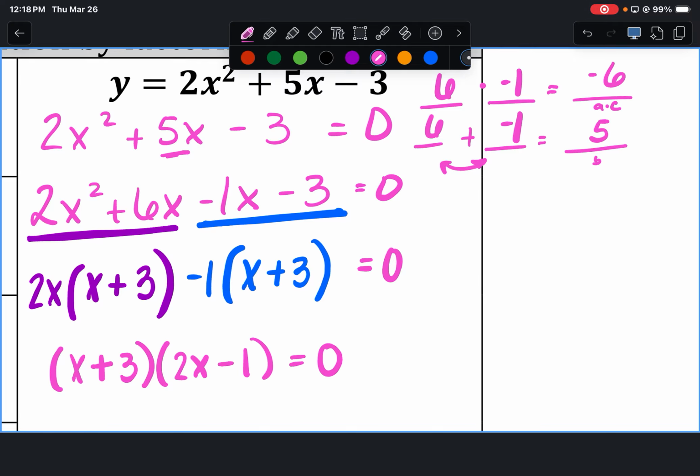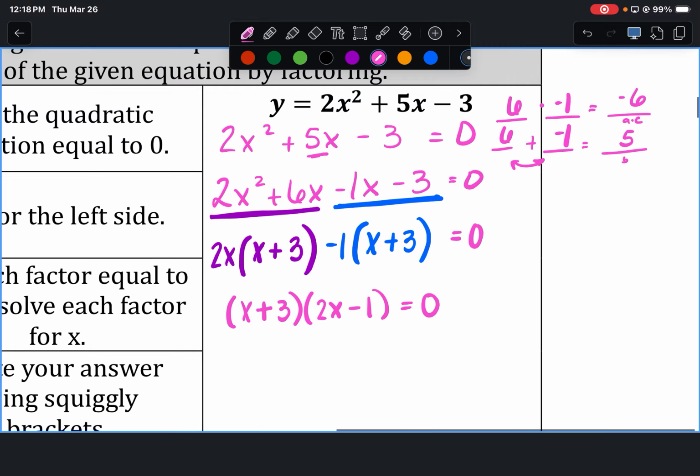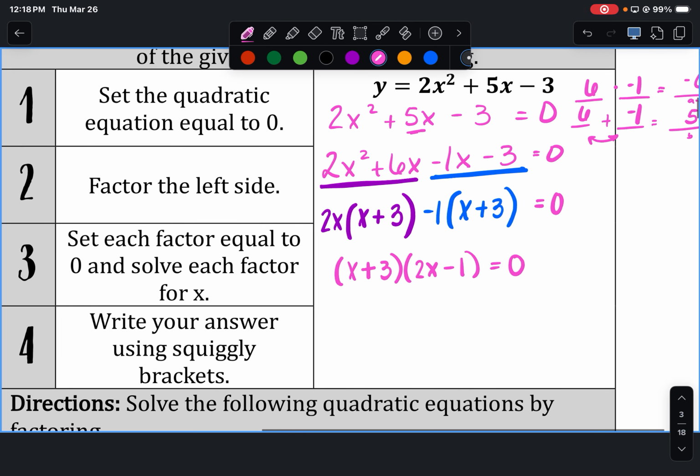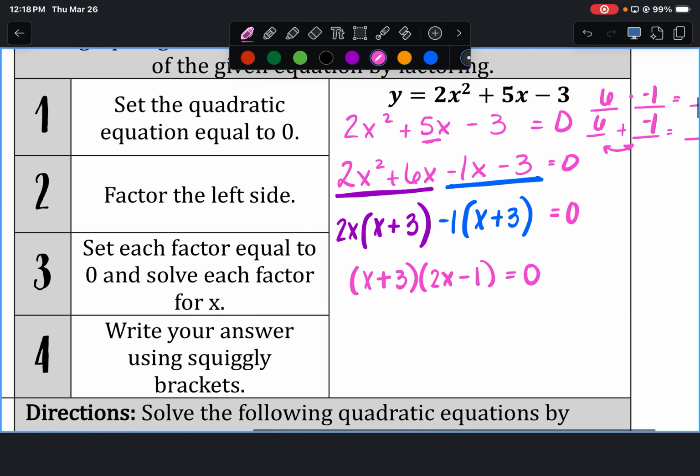Which is x is equal to 3. So for us to write our solution, use a curly bracket so we can write it as a solution set. And we're going to go 3, 7. And if I plugged any of those in, it's going to give us, yes.